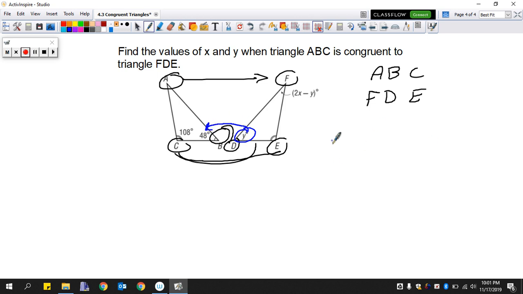So D is equal to 48, or y equals 48 degrees. Okay, so y is 48 degrees.